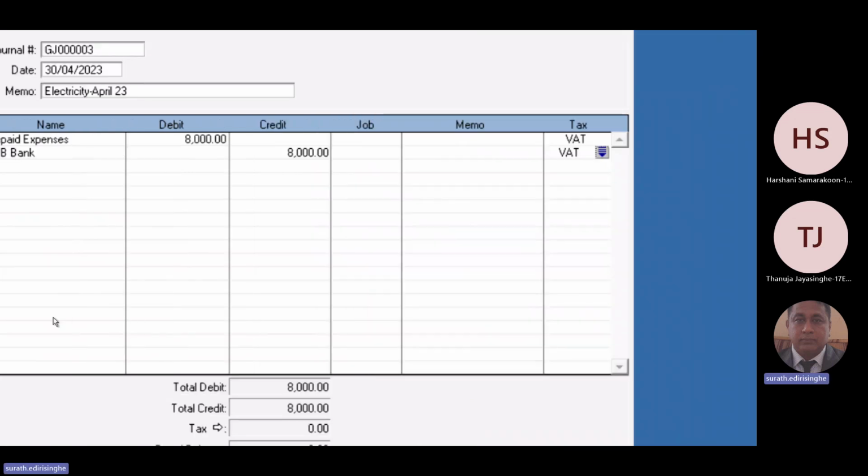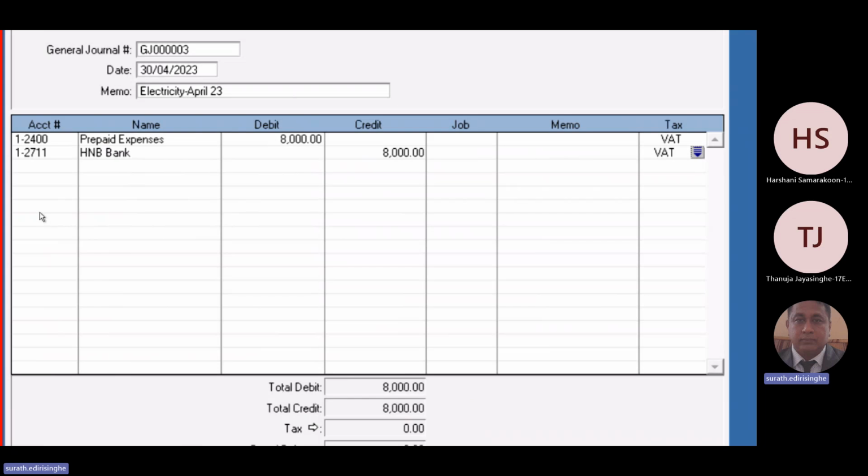So at this point, there is a different practice used by the industry. Some companies credit directly to the cash and bank account. Some companies credit the relevant expense account, because there are provisions, accruals, prepayments for all by this similar expense account, and set off and transfer to the P&L.